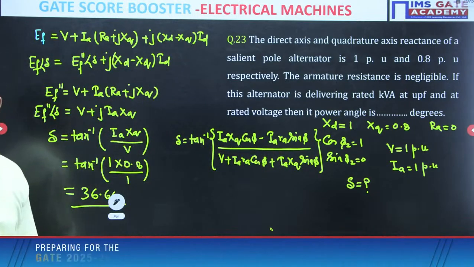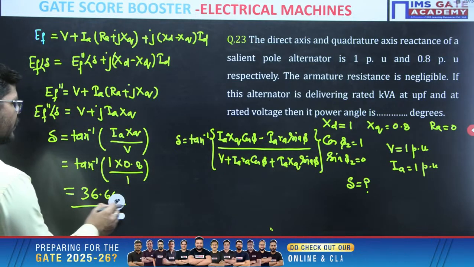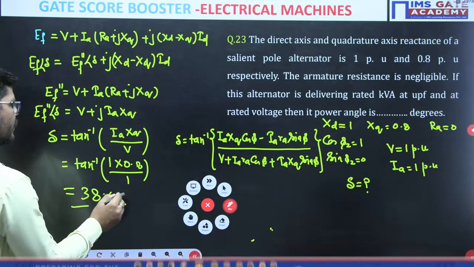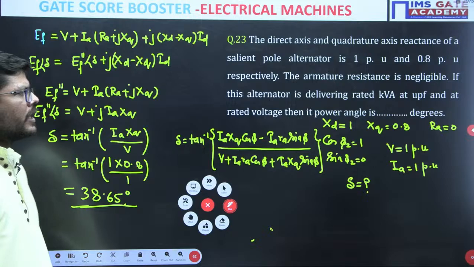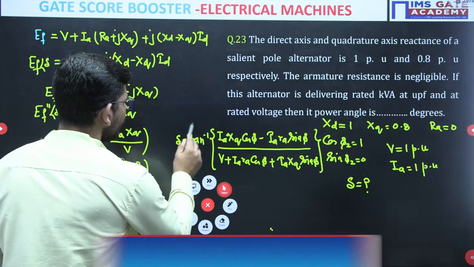Right? Have I written the correct formula? It is 38.65. Okay, then my answer will be wrong. 38.65. Correct? Those who know the formula, tell me, have I written a correct formula?